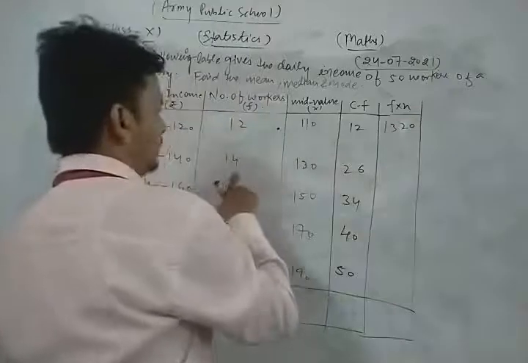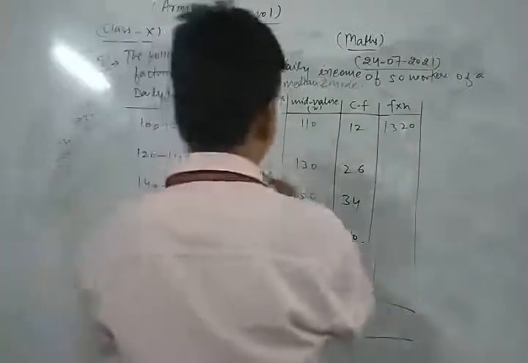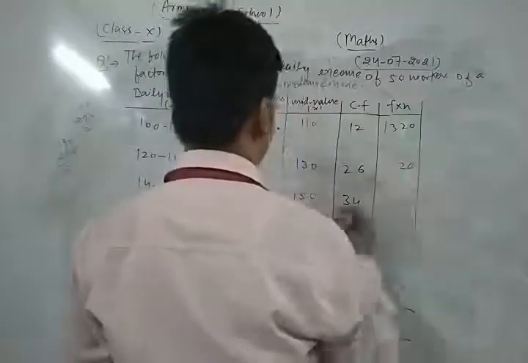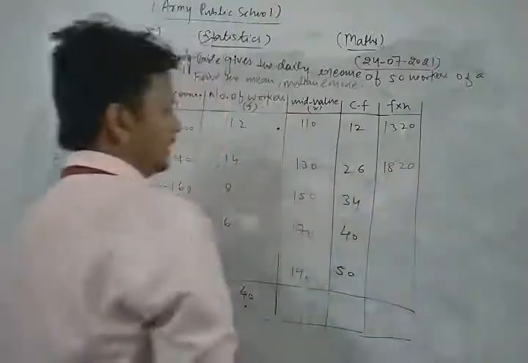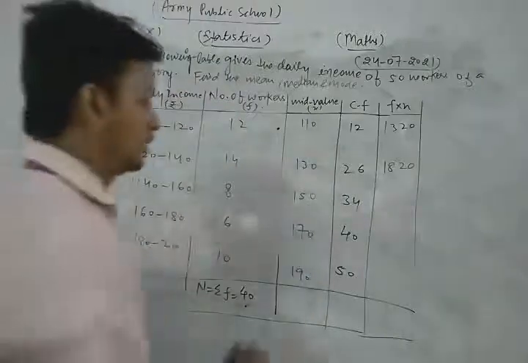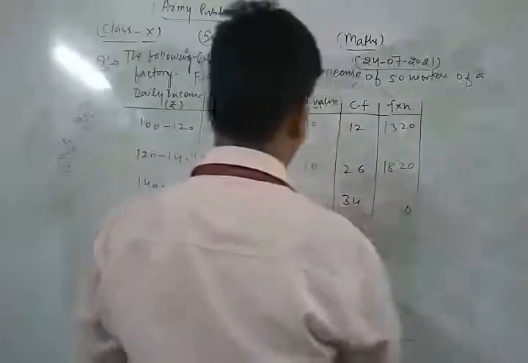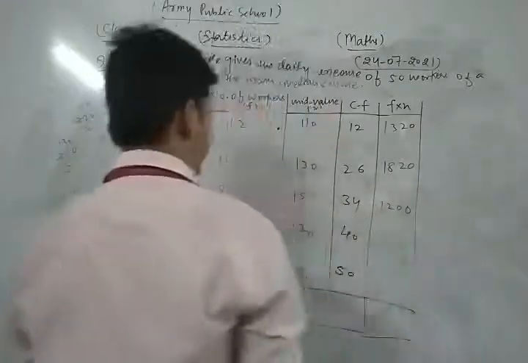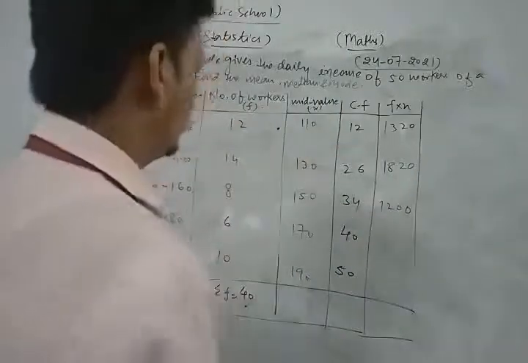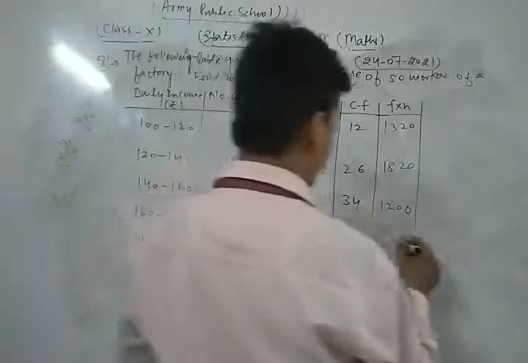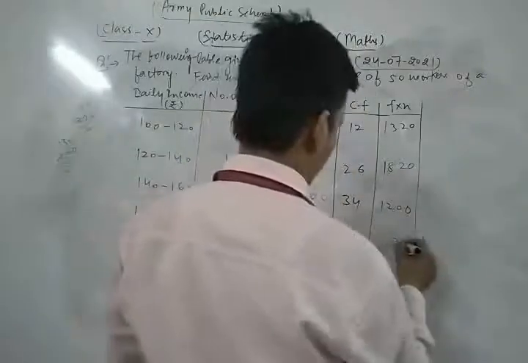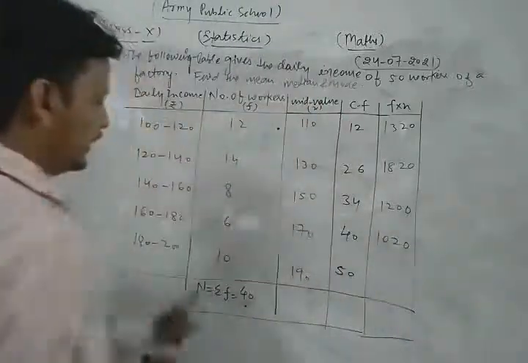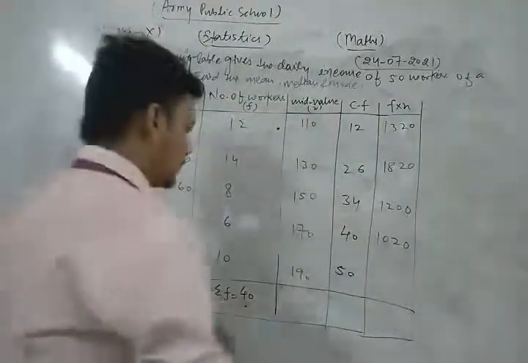Now 14 into 130 is 1820. Now 8 into 150 is 1200. Now 6 into 170 is 1020. Now 10 into 190 is 1900.